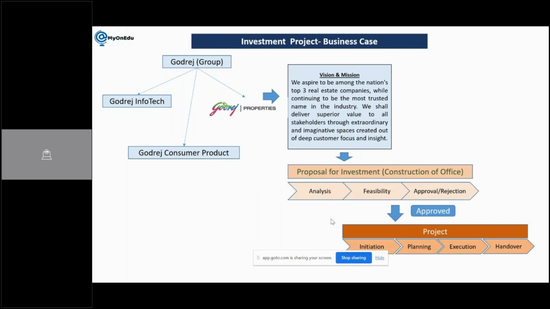Once it is initiated, it goes for planning, where we do all the planning: cost planning, resource planning, material planning. Then once it is done, it goes for execution, and once it is executed, it is handed over.